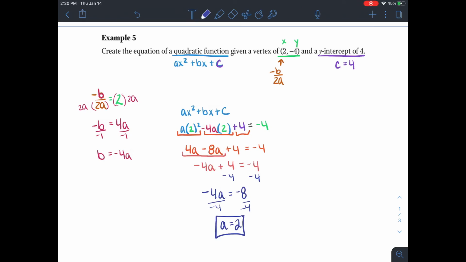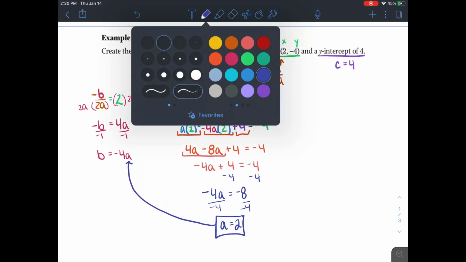So originally, we already know our c value. We started that from the beginning. We just plugged in what we knew to solve for a. The only piece we have left is to solve for b. So we're going to take this value for a, plug it into this equation right here to find our missing piece.